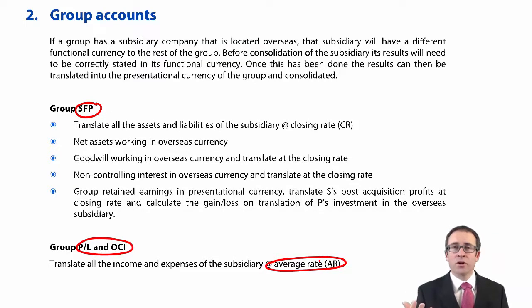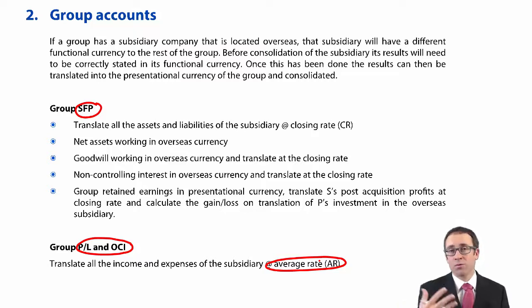That would just be catastrophic for some of our huge listed multinational entities, wouldn't it? Because they have millions and millions, billions of transactions of income and expense every single year. So providing that the exchange rate doesn't fluctuate too significantly, which in most developed nations it wouldn't, you just use the average rate.